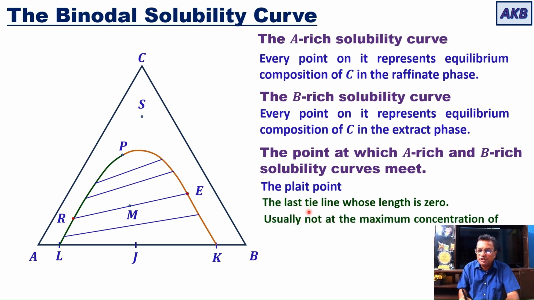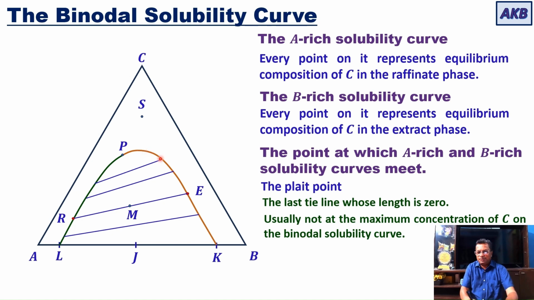Usually, the plait point will not occur at the maximum concentration of C on the binodal solubility curve. That is, it will not be located at the maximum point on the binodal solubility curve. Usually, that will not happen.